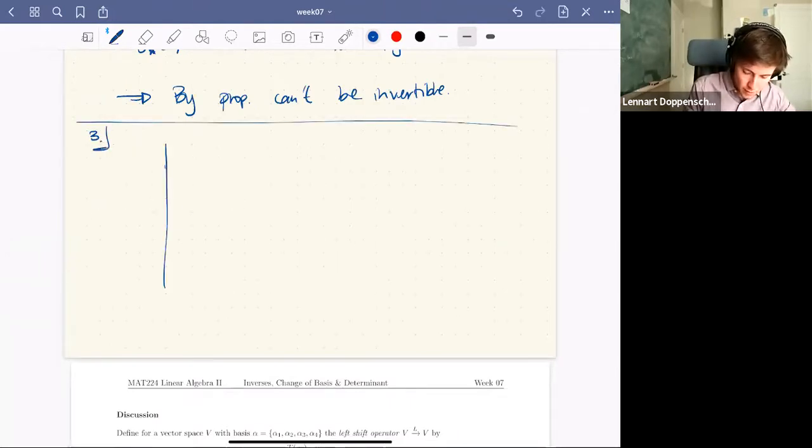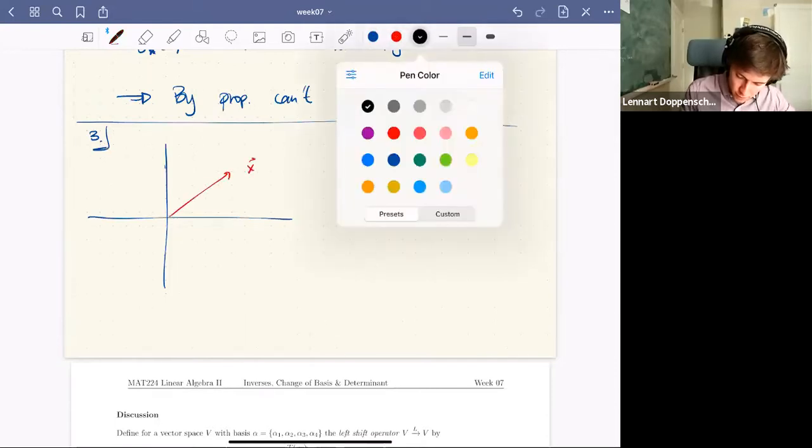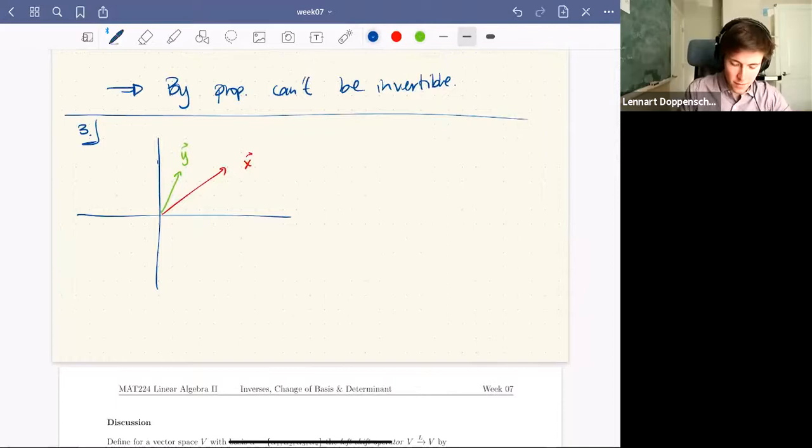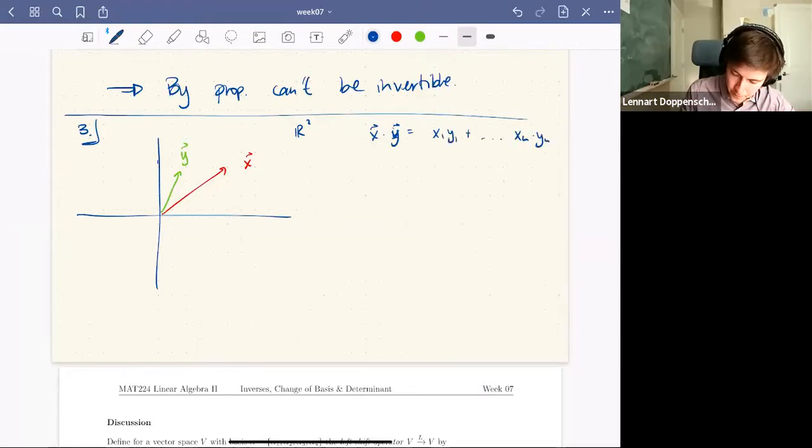So if we have a vector, say x, and we have a vector y, then inside of R2, I guess you've learned this in other courses, you have this dot product. We have x dot y, which is equal to x1 y1 plus and so on, plus xn yn.